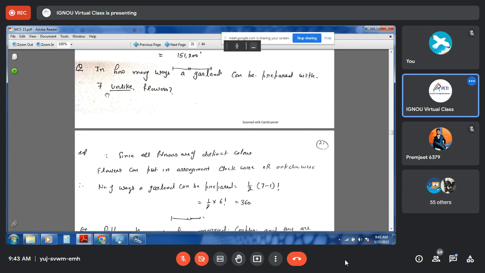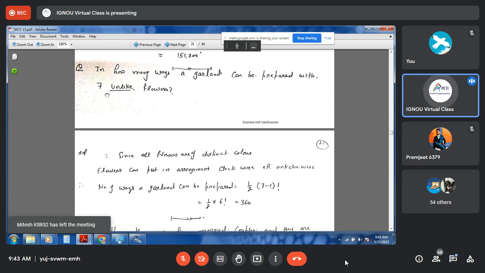Say he will start with red, blue, white, or he may start with white, or he may start with blue. So there are a different number of situations. But one thing is clear. The garland is round.